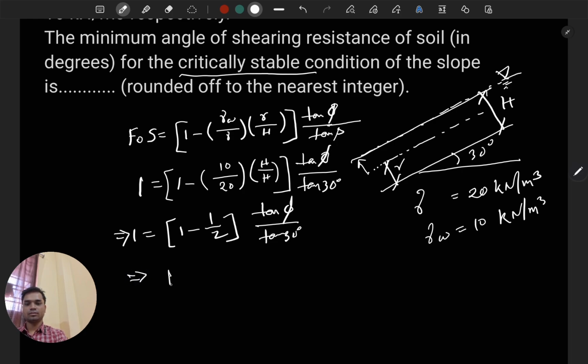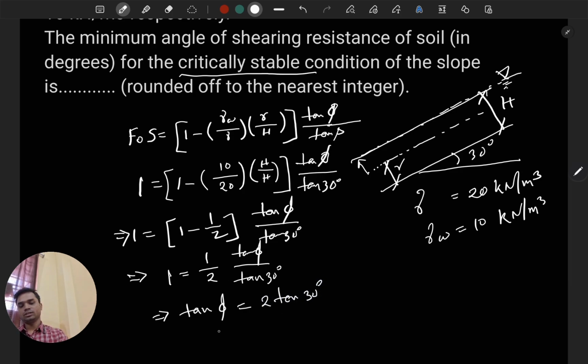Then 1 is equal to half into tan phi by tan 30 degrees. Tan phi is equal to 2 tan 30 degrees, and find out the value of phi.